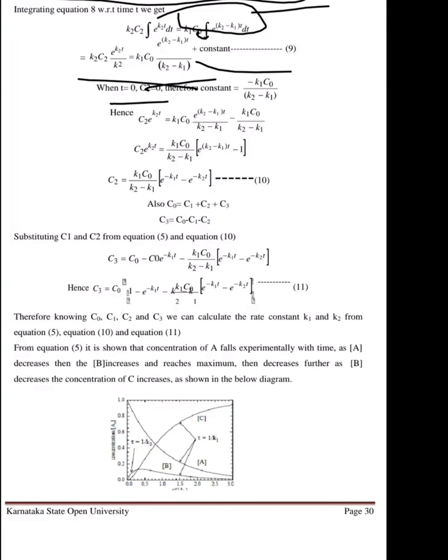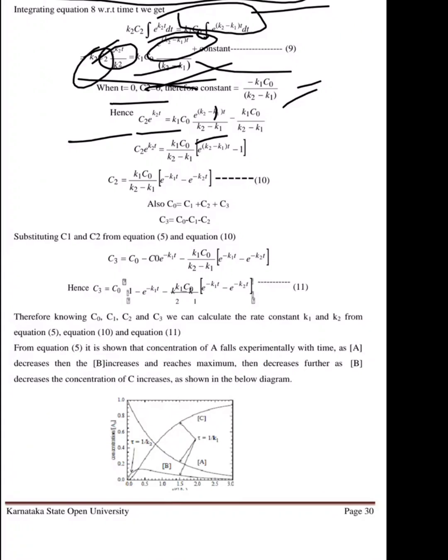When t becomes 0 and C2 becomes 0, we get the constant as minus K1 C naught divided by K2 minus K1. Hence the equation can be written as C2 e to the power of K2 t is equal to K1 C naught e to the power of K2 minus K1 t minus K1 C naught divided by K2 minus K1.